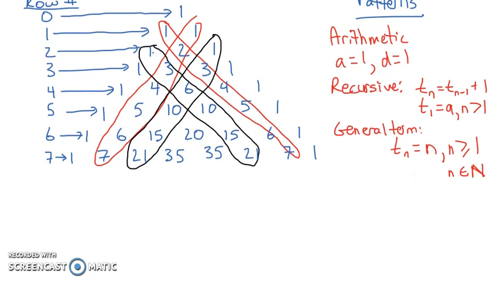So what we're going to do is we're going to just draw a picture to see about this second pattern. 1. There's 1. 3. There's 3. 6. There's 6. 10.